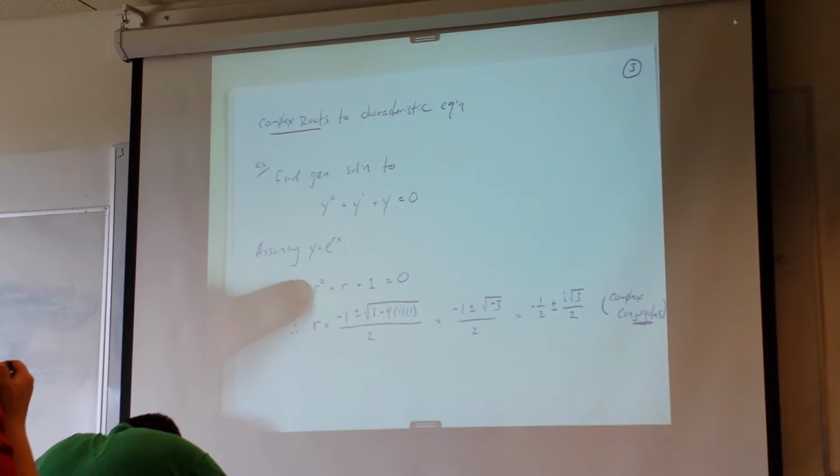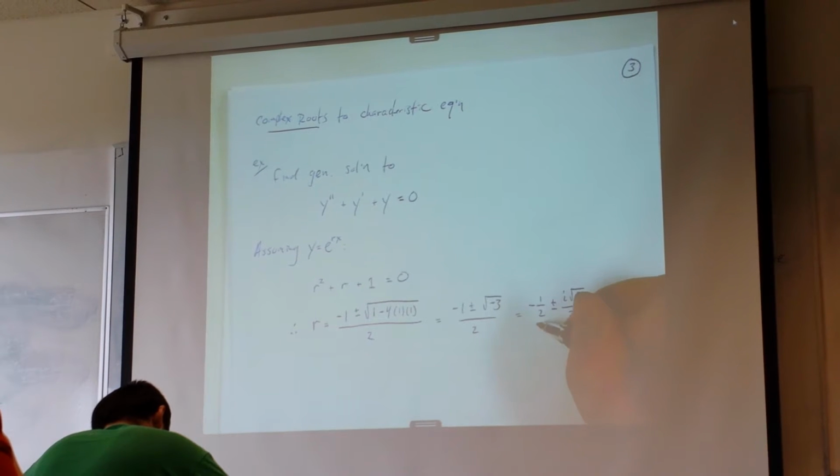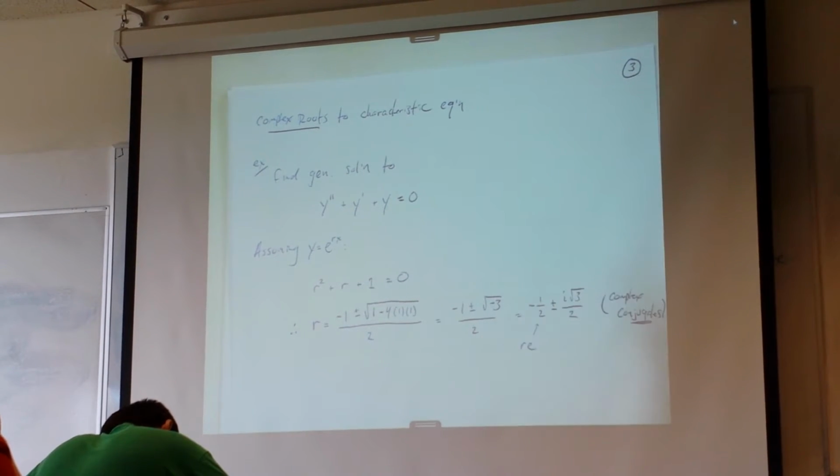Would we leave it in that form, or apply Euler's formula? We're going to do a little bit of that. By the way, this is called the real part of the number, and root 3 over 2 the imaginary part.